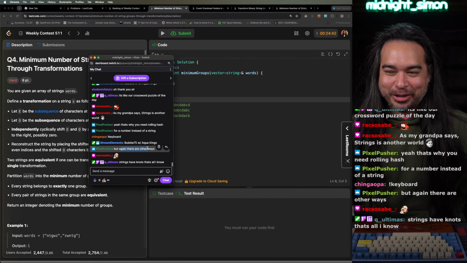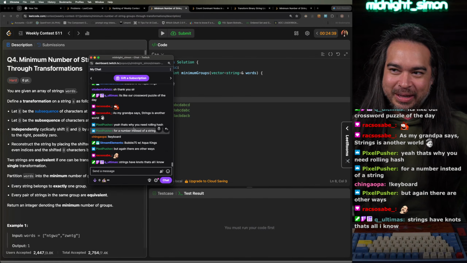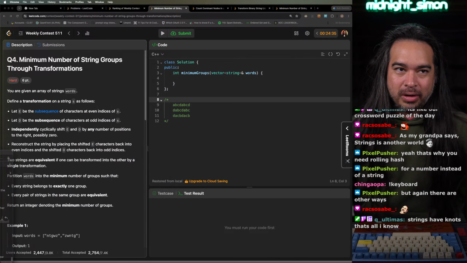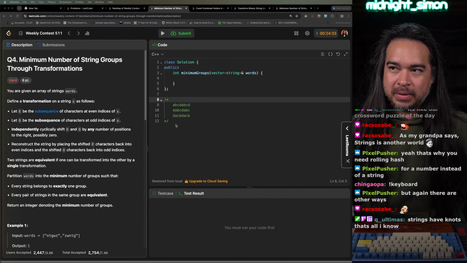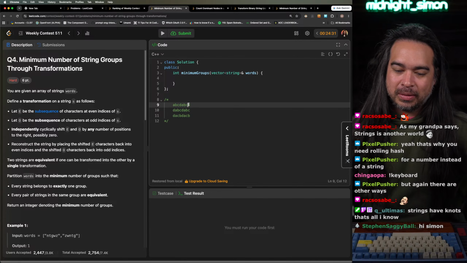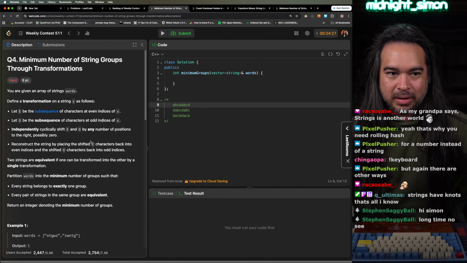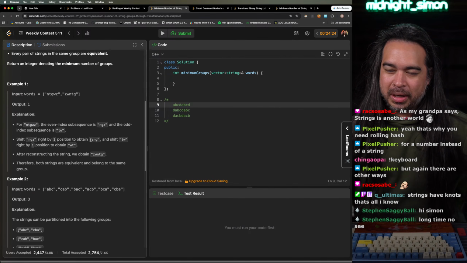There are other ways, yeah. There's a lot of ways. But that's what I was thinking earlier when I was talking about the prefix sums with the hash. I guess the hash should be increasing, but I'm not sure how that works with all the mods, if you have to do any mods.